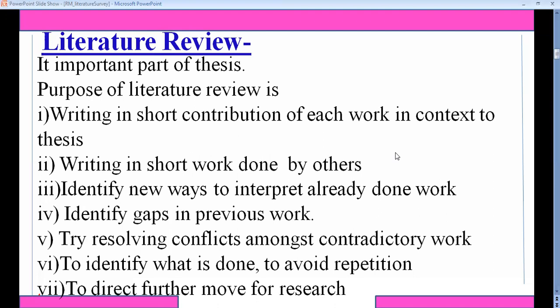So what is the purpose of literature survey? In short, we write the literature survey. Please understand, it is very short. You write maybe half page or 1/4 page for each paper.